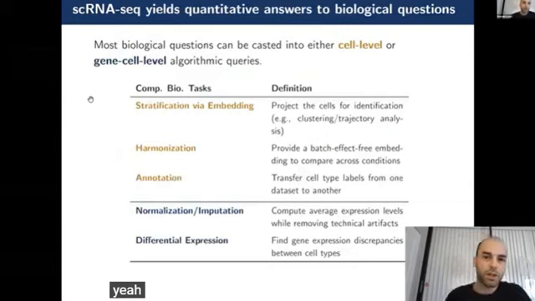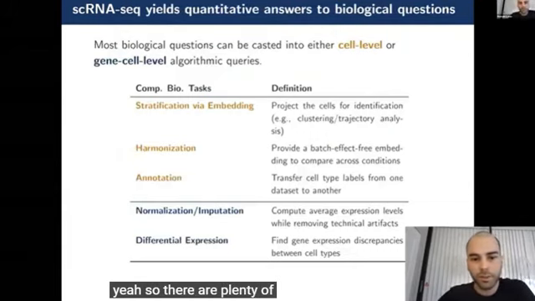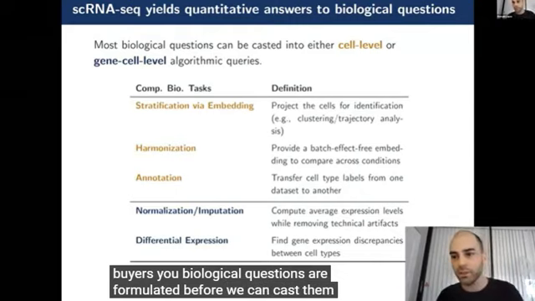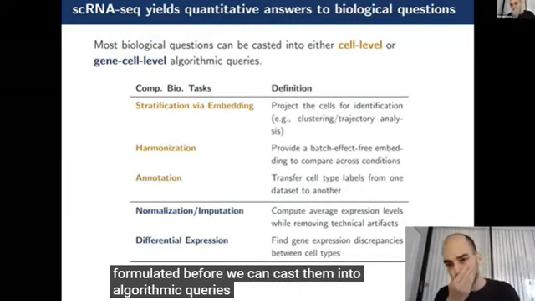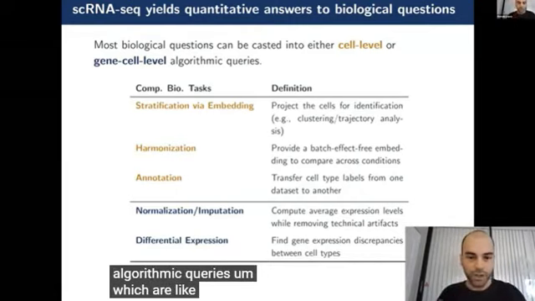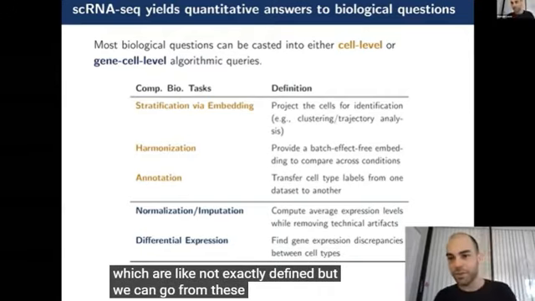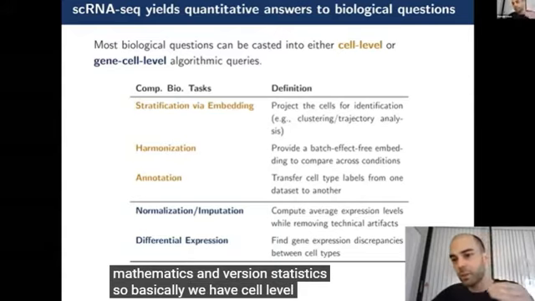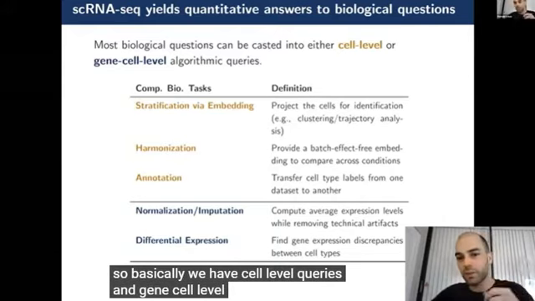There are plenty of biological questions that are formulated before we can cast them into algorithmic queries, which are not exactly defined, but we can go from this into mathematics and Bayesian statistics. Basically, we have cell level queries and gene cell level queries.